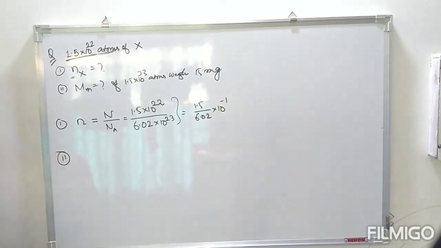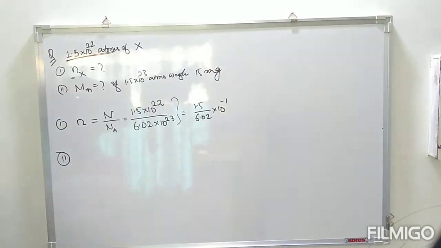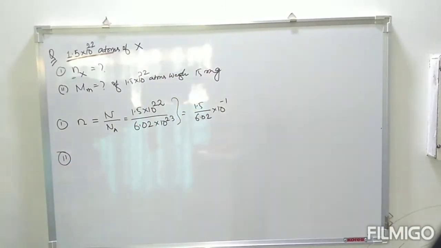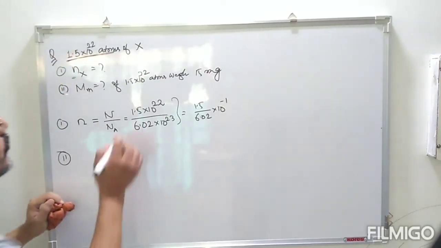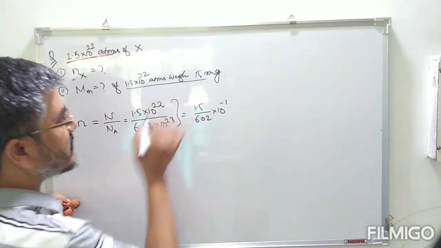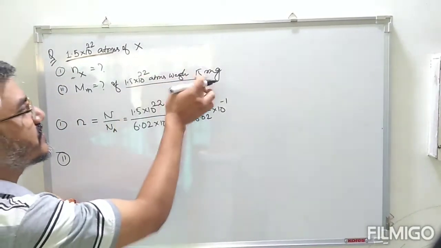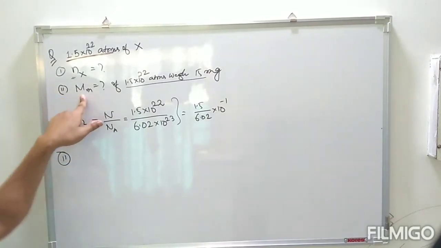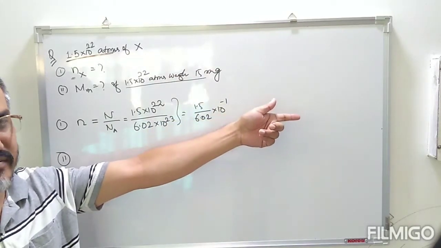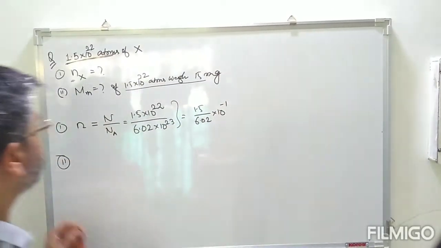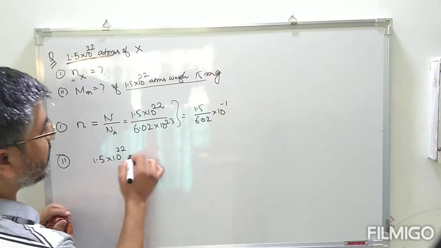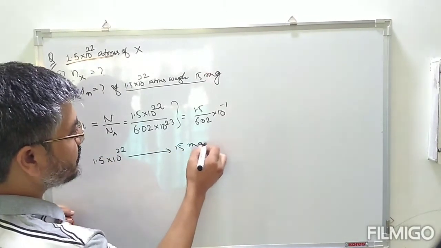Now the second question says, if 1.5 into 10 to the power 22 atoms weigh 15 milligram, then what is the molecular mass of this? So 1.5 into 10 to the power 22 atoms weigh 15. Molecular mass is defined as the mass of one Avogadro number of atoms measured in gram. So 1.5 into 10 to the power 22 atoms weigh 15 milligram.